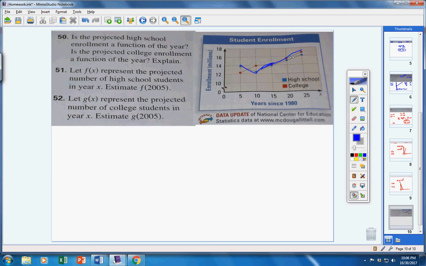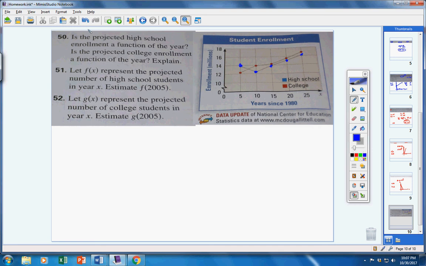Now remember, I've taught you to do this. You're looking for a situation where there's a point directly above or below another point vertically. If that happens, then you do not have a function, okay? Well, students, nowhere can I see that happening. Every point on the blue graph is not directly above or below another blue point.